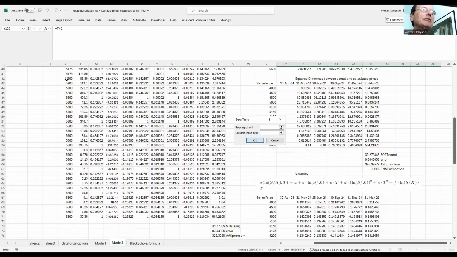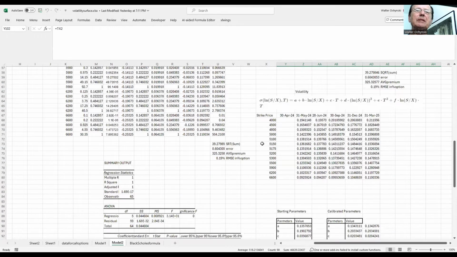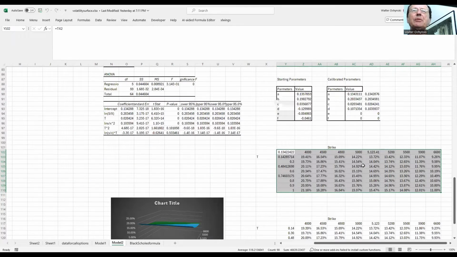So we have the strike price, and for time it was 52. Time is here. Okay. Everything is calculated. It's done.